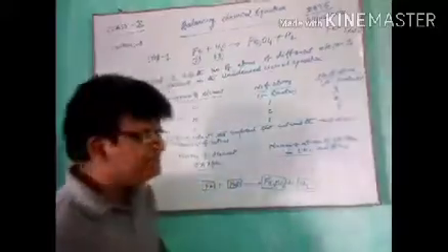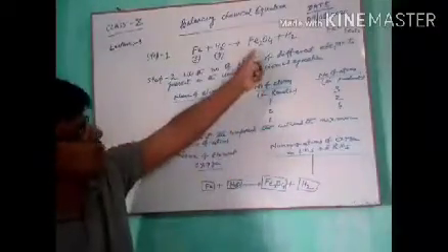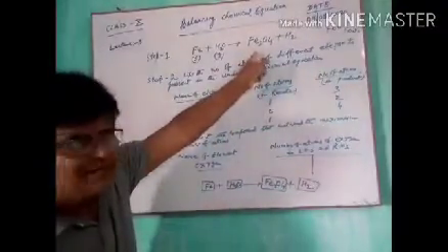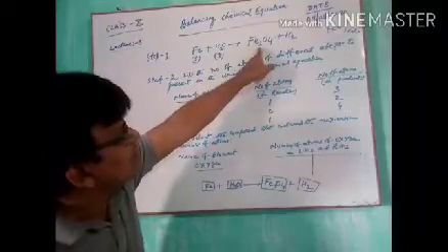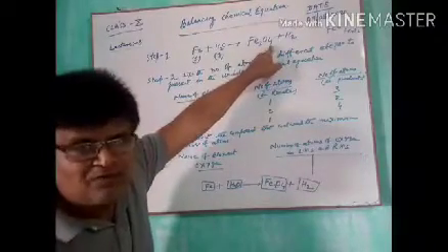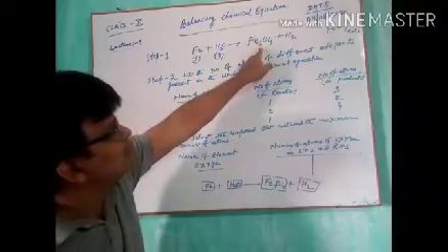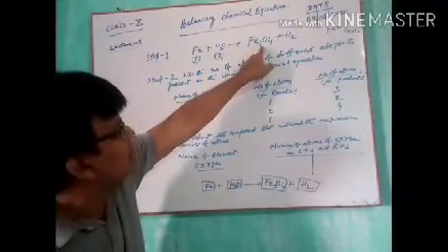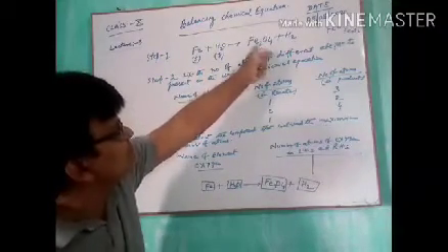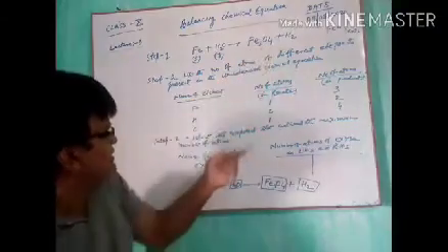Here in this reaction we see that Fe3O4 contains the largest number of atoms, in which 3 atoms of iron and 4 atoms of oxygen are present. It means the total number of atoms is 7 in Fe3O4.